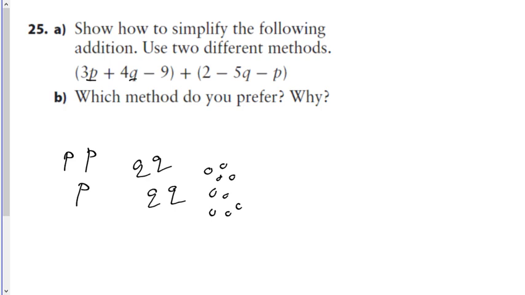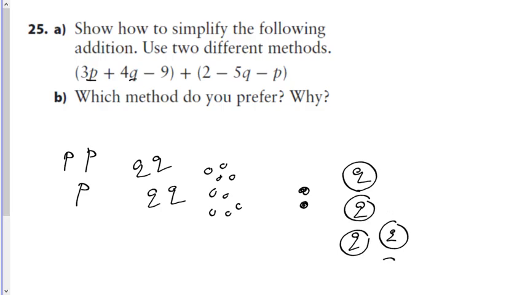Now 2 will be this. Negative 5q will be a q with a circle around it. I'm making this up on the spot. I've never done this before. And a negative p will be a p that's circled.